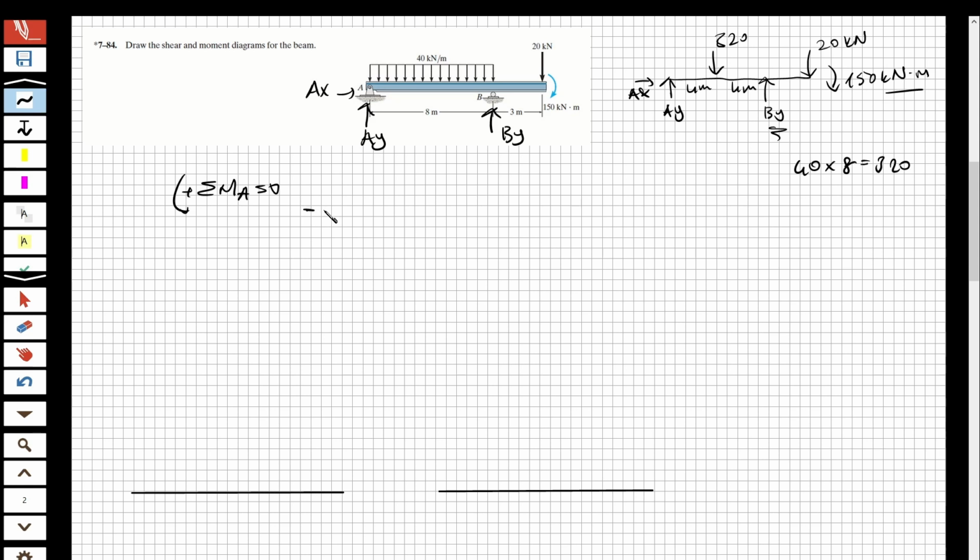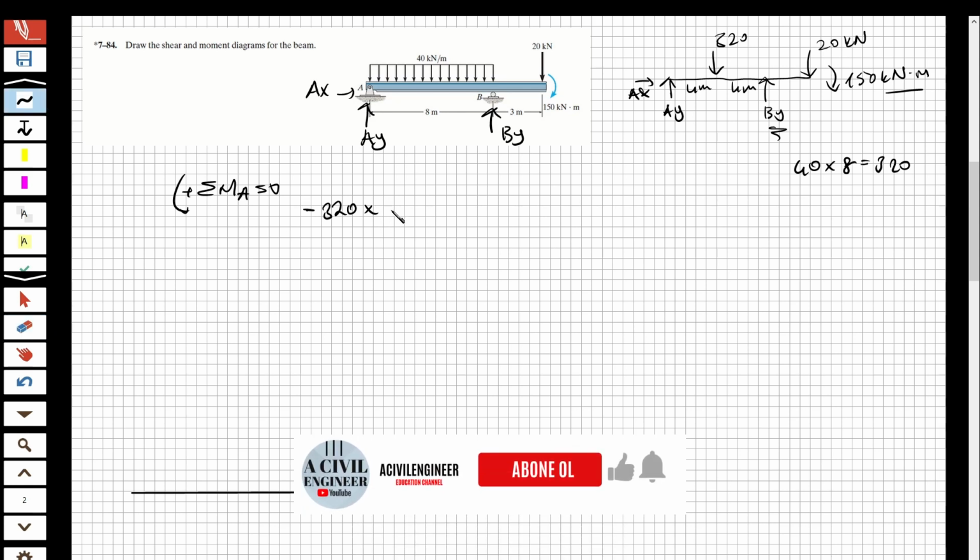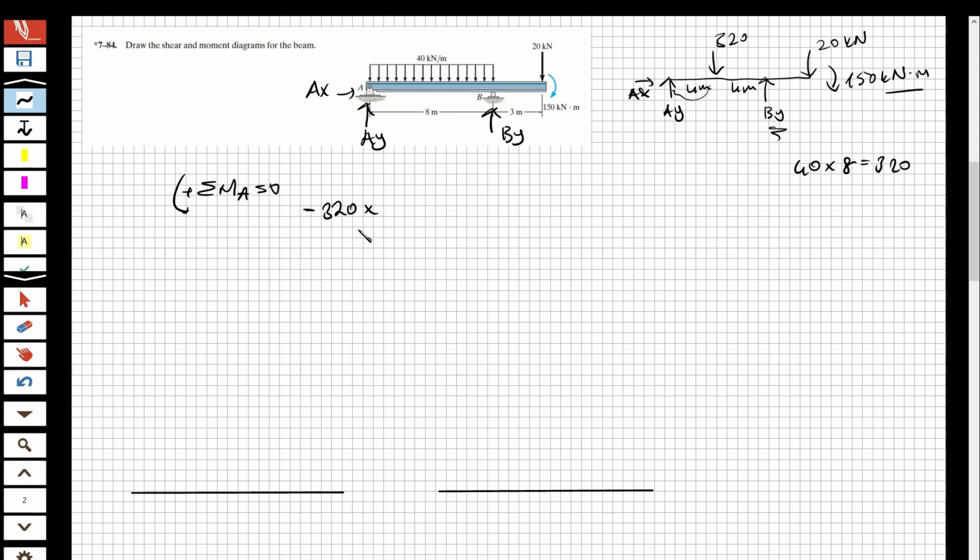And for example, minus 320 multiplied 4. Sorry. Look at here, I'm going to show you, multiplied 4, moment arm is 4. And also I have a 20 kilonewton multiplied, this is 3 meter.